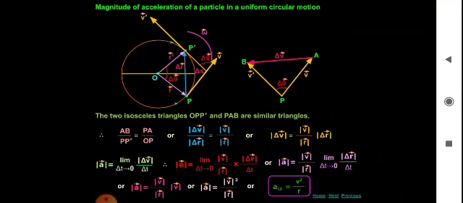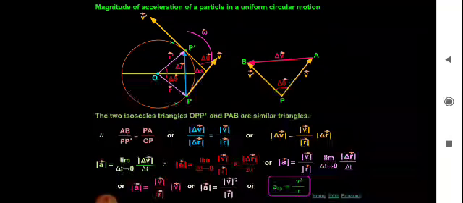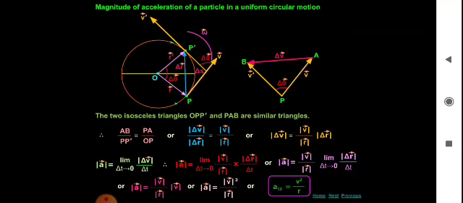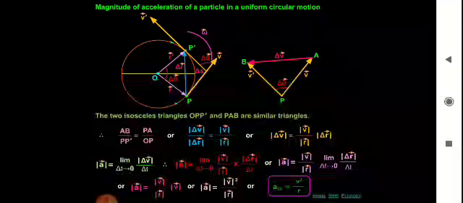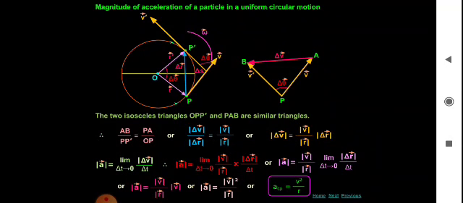First we have to take two isosceles triangles. One is OPP dash, another one is PAB. The second image gives the direction of velocity, so we have to add the direction of velocity. One velocity vector v is in the P to A direction.